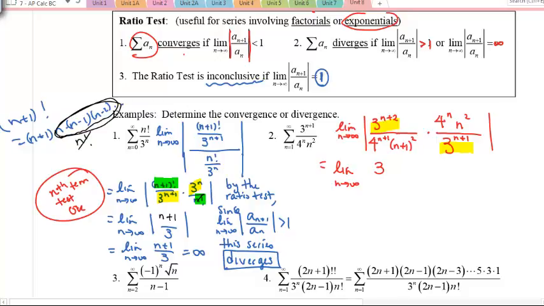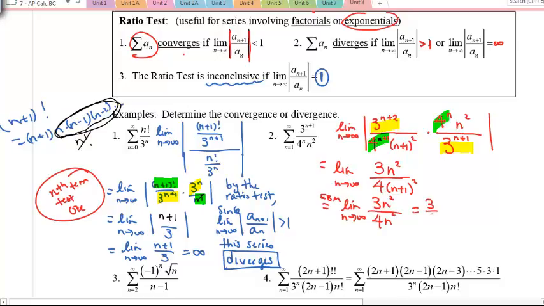I can do the same thing now with the 4 to the power n and 4 to the power n plus 1. I believe that leaves us with a 4 in the denominator. n squared and n plus 1 squared we can't cancel out, so we'll just leave as this. But remember, I'm taking the limit to infinity, so by the end behavior model, I only need to look at the largest power in both the numerator and the denominator.